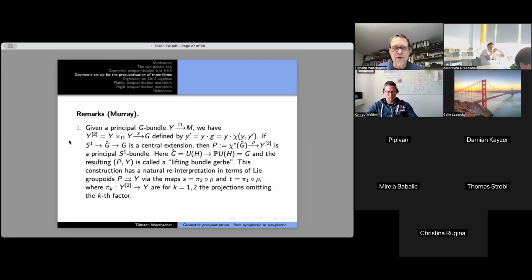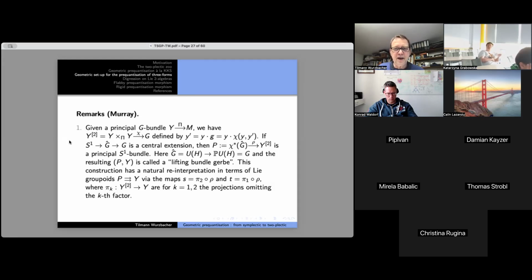This was coined by Murray, and maybe other people, but I think it's Murray. It was coined a lifting bundle gerbe, and later on maybe only bundle gerbe, but there are some subtleties in the notations. There's also gerbe without the e from Hitchin. Okay, this is, I think, the Czech version.